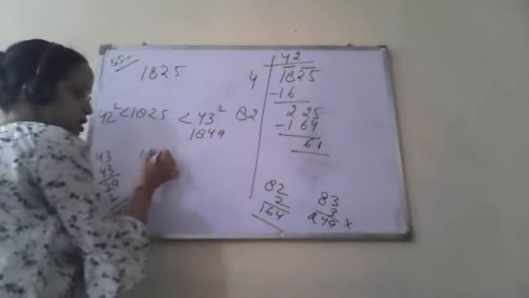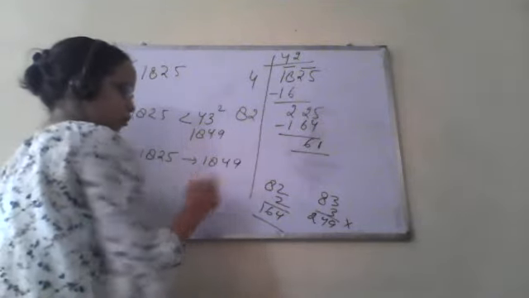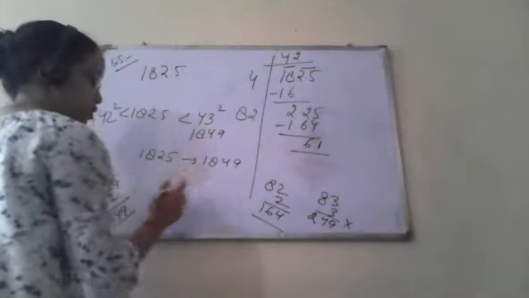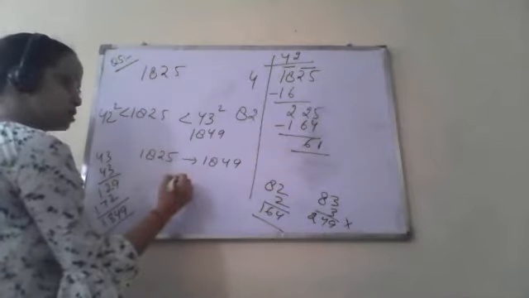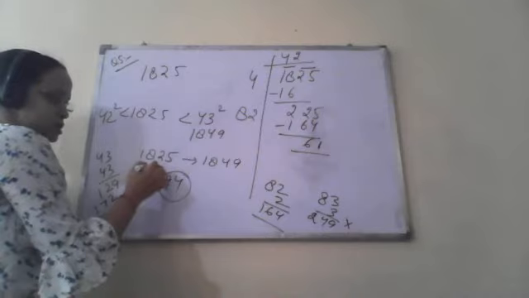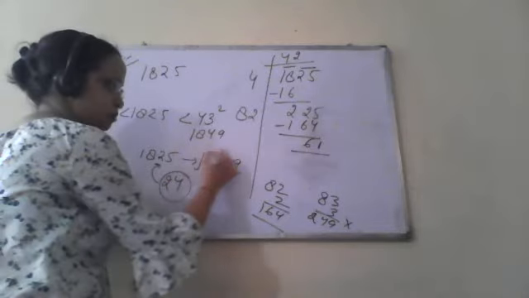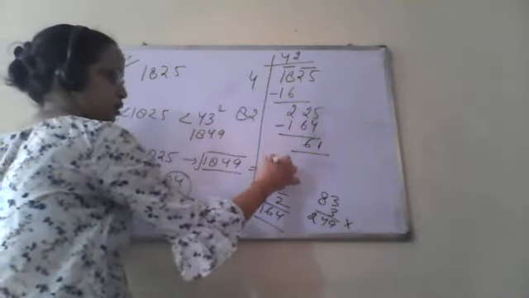So our number is 1825 and the next perfect square number is 1849. So what will be the number which has to be added? This will be 24. So 24 has to be added to this 1825 to make it a perfect square, that is 1849, and the square root of this number will be 43. Clear?